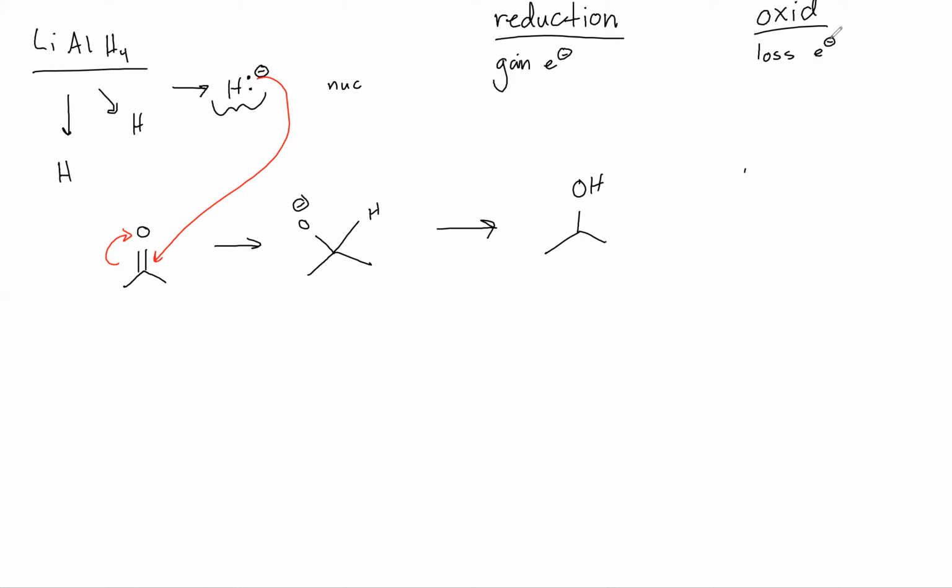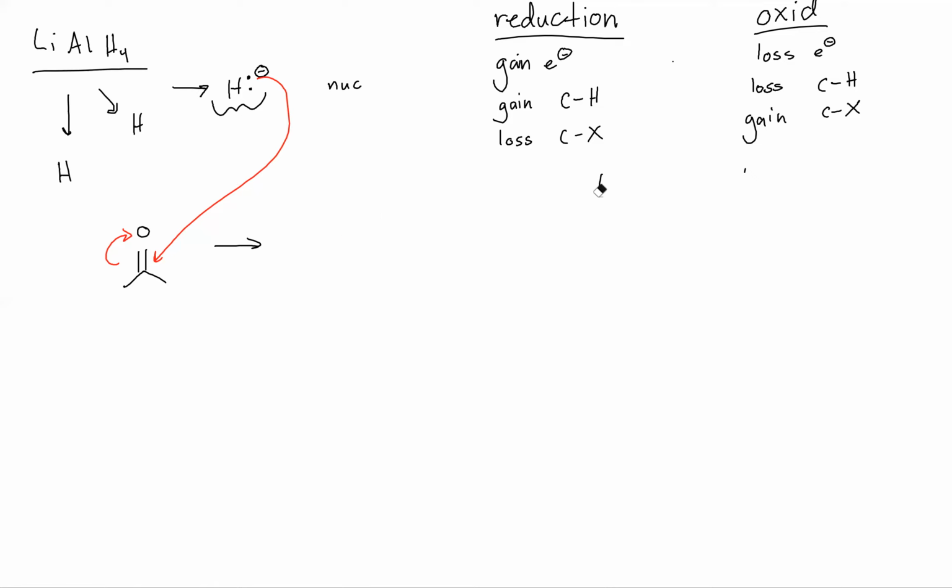But in organic chemistry, reduction is the gain of carbon-hydrogen bonds or the loss of carbon-X bonds, where X can be an oxygen or a halogen. Whereas oxidation in this class is the loss of carbon-hydrogen bonds or the gain of carbon-X bonds. I'm going to go ahead and erase this just so I can show this.